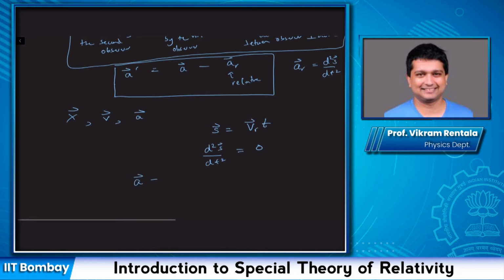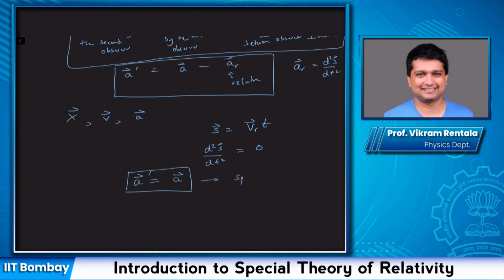And in this case, the dictionary word for A prime becomes the same as the dictionary word for A. What that means is the acceleration as measured by the second observer is exactly the same as the acceleration as measured by the first observer.